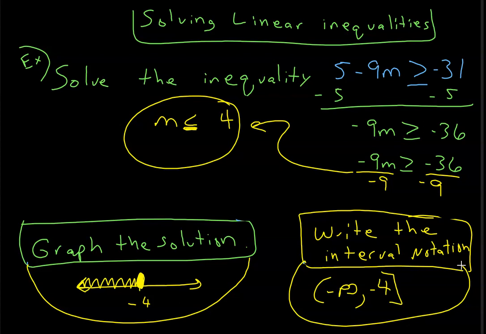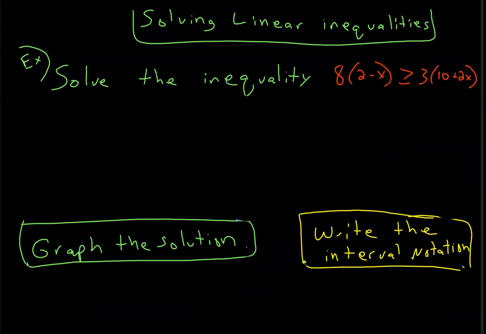All right, let's try another one. It says solve this inequality. Before I begin isolating the variable, you should recognize you have to distribute the 8 and the 3 into the parentheses. So that should give you 16 minus 8x is greater than or equal to 30 plus 6x.